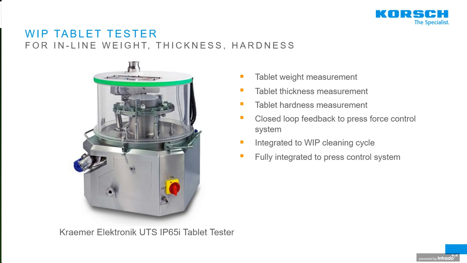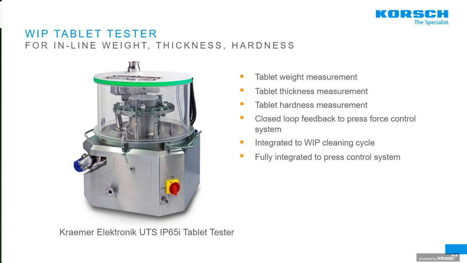For the wash-in-place tablet tester, there's not very many options out there. This is a Kramer UTS IP65i. That is a wash-in-place tester that measures individual tablet weight, thickness, and hardness. So the HMI will sample tablets at a preset sample size and interval, send those tablets in a group or individually to a tablet tester where we measure individual weight, thickness, and hardness.